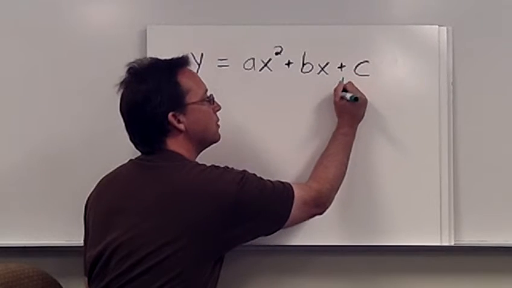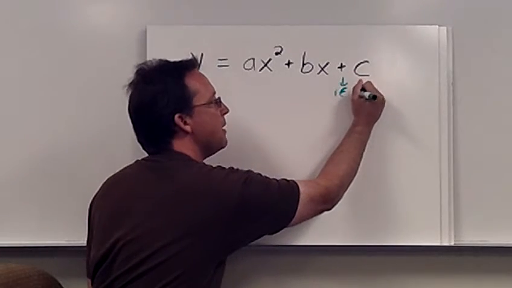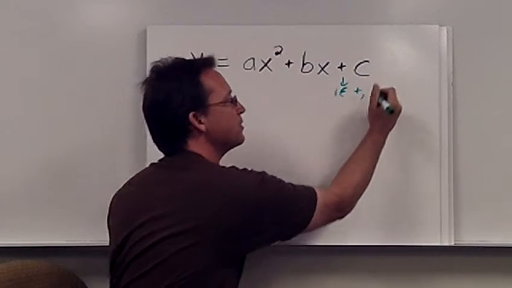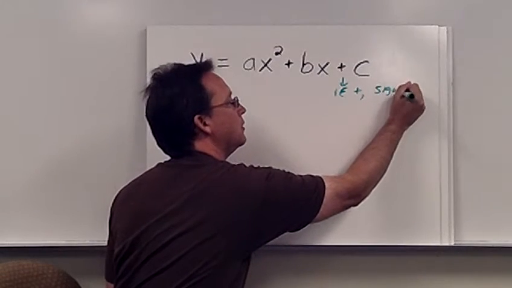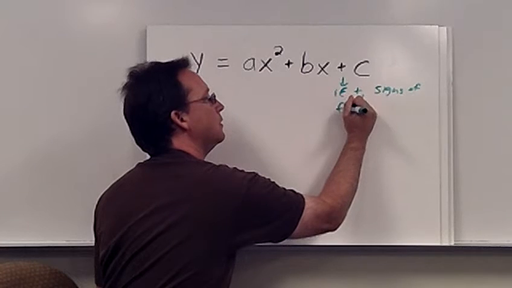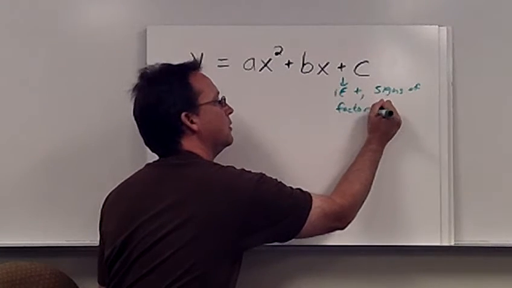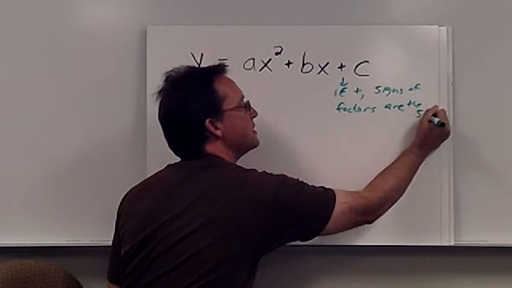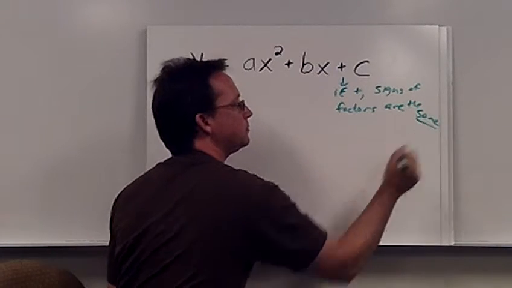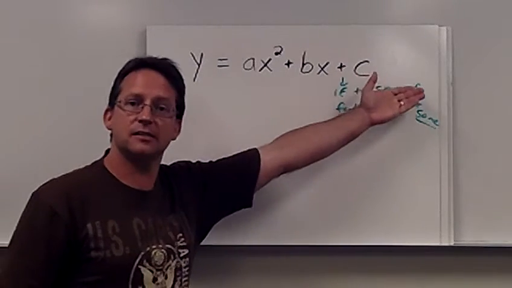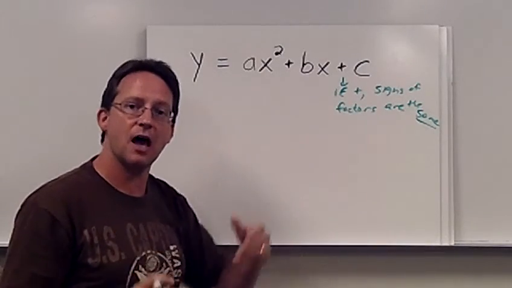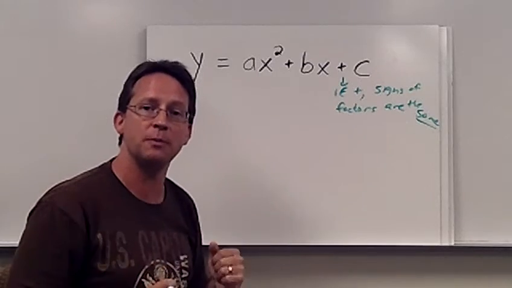If this sign is a positive, then the signs of your factors are the same. You have a plus number at the end of there, the factors will have the same sign. They'll either both be pluses or both be minuses.